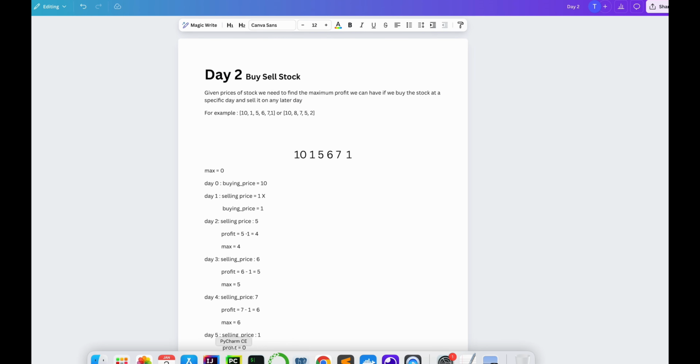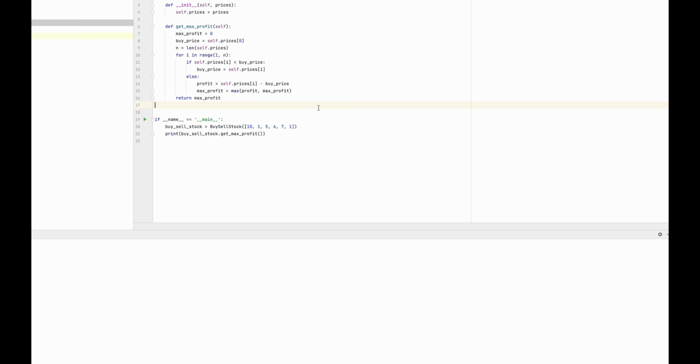Now let's try to code it. I have already coded it here and I have created a class called buy sell stock. I'm assuming that it is given an array of prices, and when I have the prices, I save the length of the prices in the n variable, and also assume that the max profit is 0 and the buying price is the first position of the array.